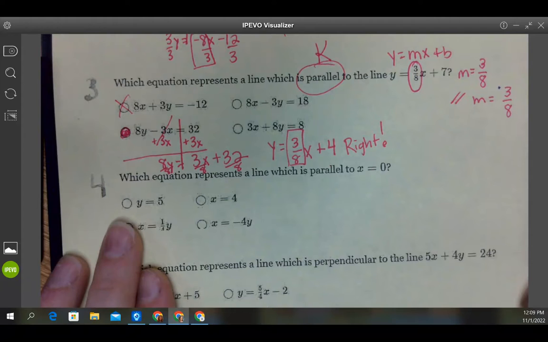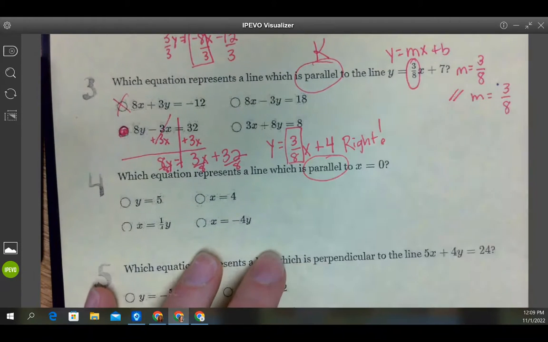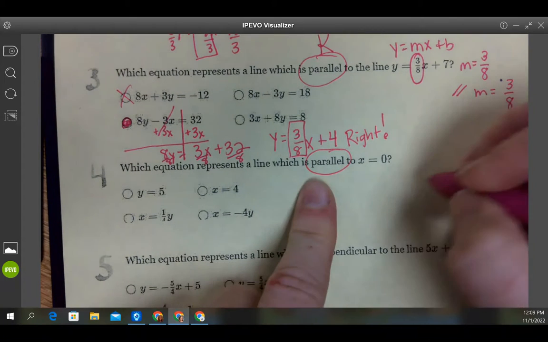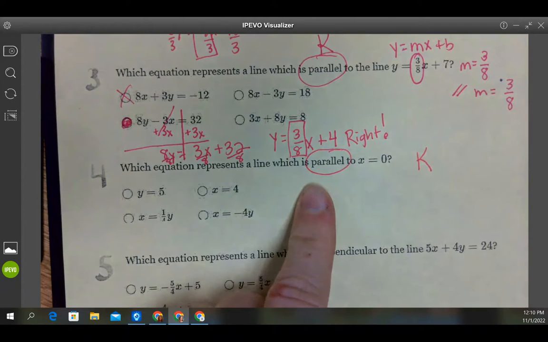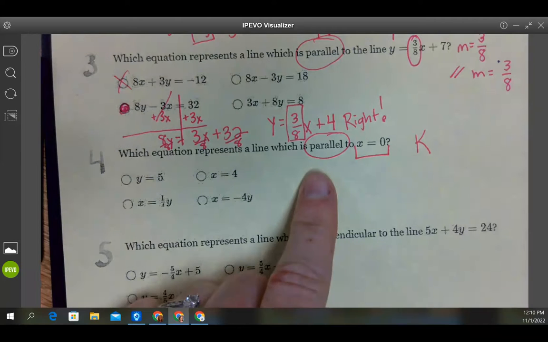Look at number 4. Which equation represents a line parallel to x equals 0? So parallel means keep. What kind of slope has x equals 0? It doesn't even have y equals.